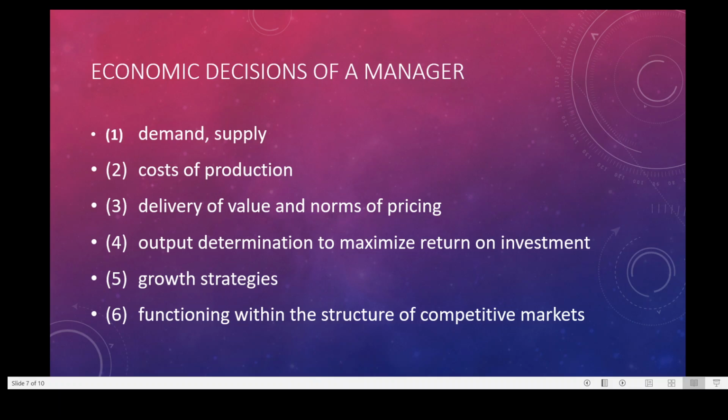So the economic decisions of a manager are based on the demand and supply factors, the costs of production, the delivery of value, which depends on the pricing, the input output relationship, trying to maximize return on investments, strategies for growth, and the functioning within the structure of a given competitive market.